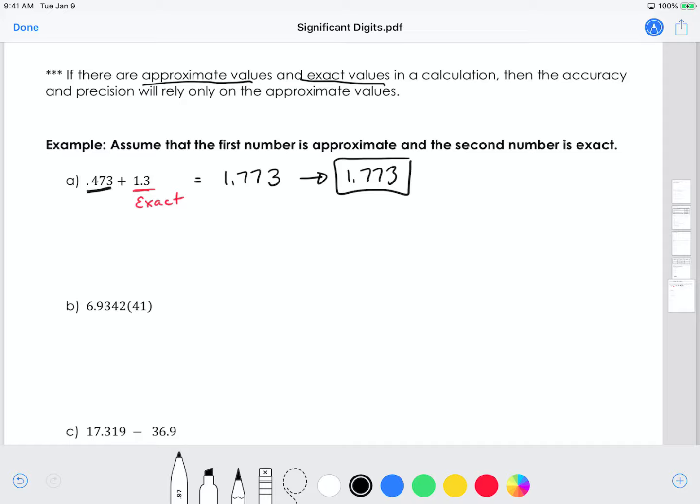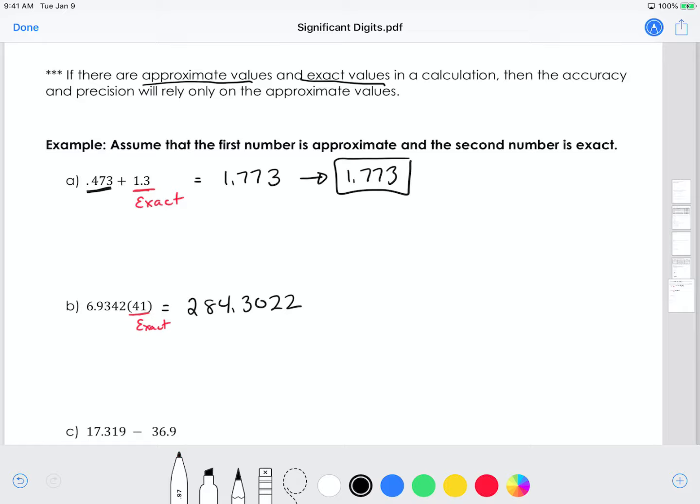Looking at part B, I have 6.9342 times 41. When I put that in on the calculator, I'm going to get 284.3022. Now the direction says that the second number is exact, so our accuracy and precision is only going to rely on 6.9342.